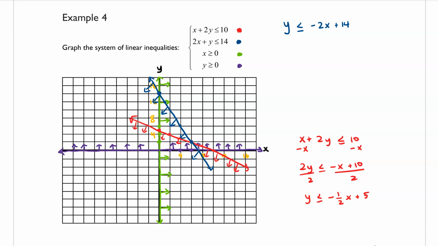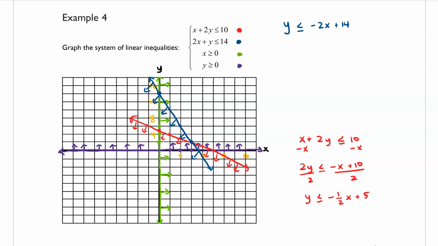My apologies, I know this is getting quite messy, but I'd like you to pause for a moment, and I'm about to take my highlighter and I'm going to highlight the feasible region. I want you to pause the video for a moment and see if you know where the feasible region is going to be before I highlight it.